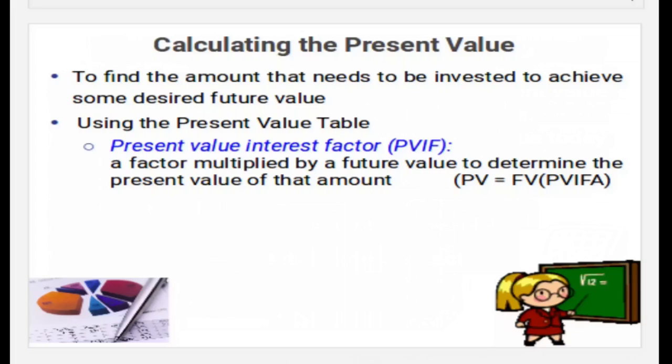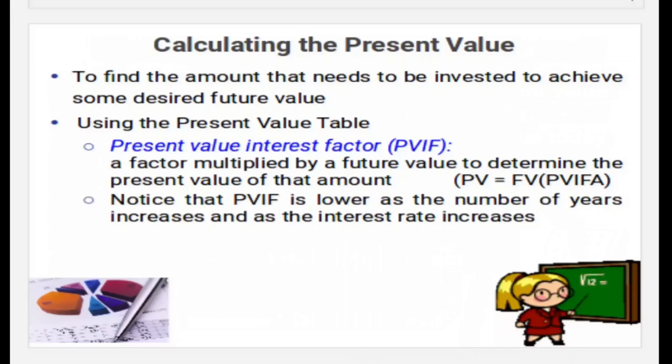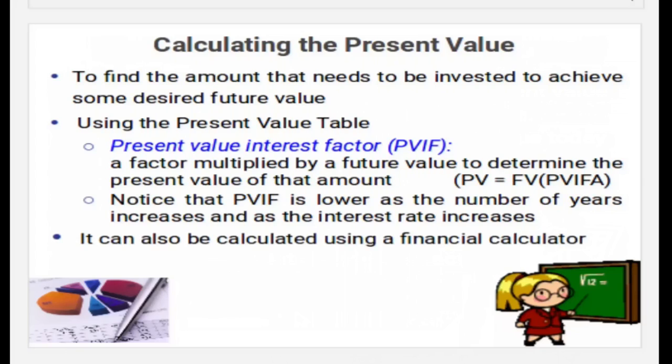That is, PV is equal to future value times the PVIF, the present value interest factor. Notice that PVIF is lower as the number of years increases and as the interest rate increases. It can also be calculated using the financial calculator.